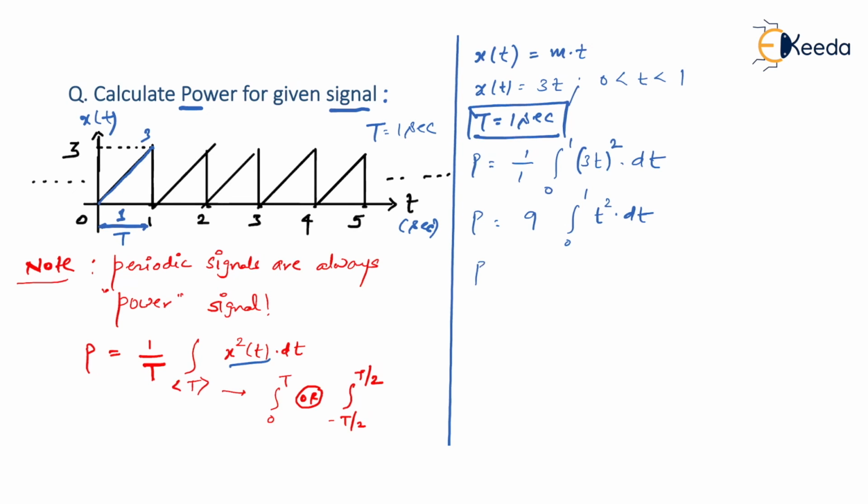Integration of t square is t cube by 3. Lower limit is 0, upper limit is 1. Now if you solve this, you'll get power equal to 3 watt. So finally, the value of power is equal to 3 watt, right? So whenever the signal is periodic in nature, it is always a power signal. Thank you.